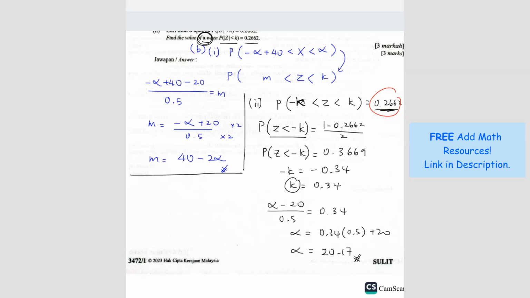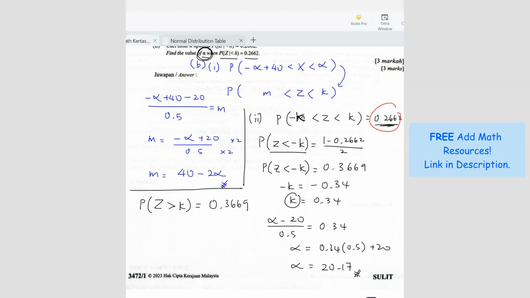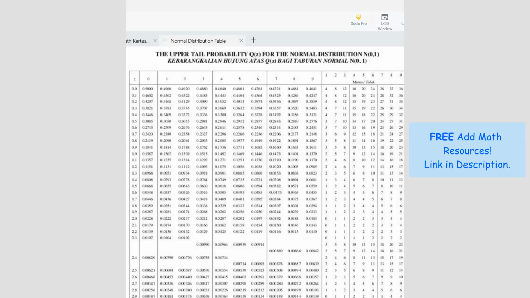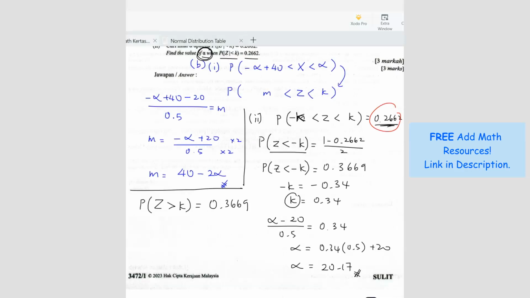Now if you're using the table, I'm going to show you how. Same thing as what I wrote just now. So P(Z more than K) equals, I calculate this, 0.3669. Now I'm using more than because I'm using the table. So you go to the table, and you're going to look for 0.3669.